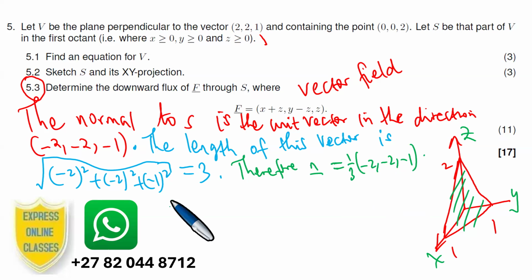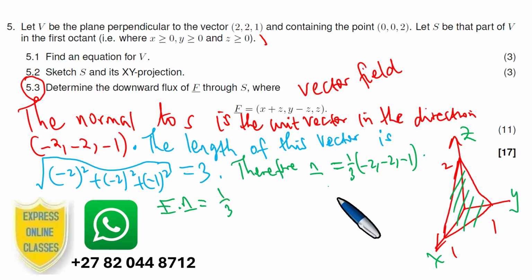So that you have F dot N. And then now if you have F dot N, you want to find the outward flux. Right, so you dot this one with the vector field.